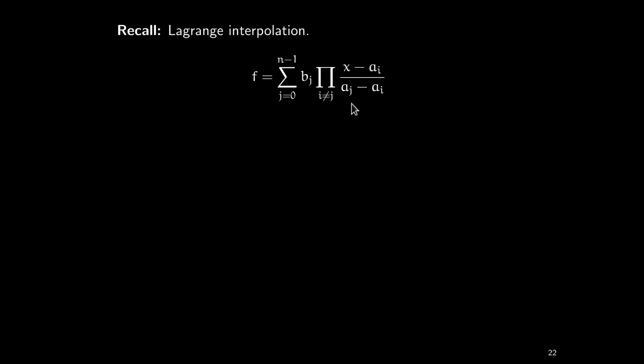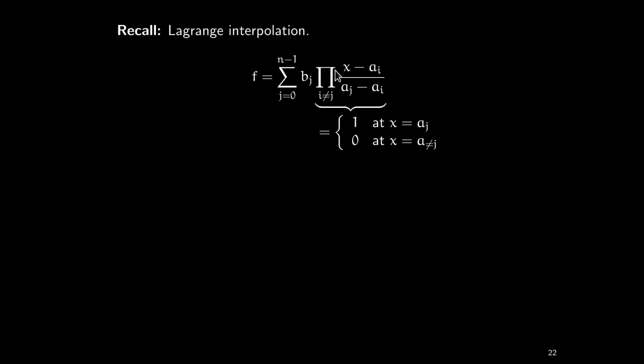So this polynomial here is designed in such a way that it is 1 when x is equal to a_j, because then you have just on the top the same as on the bottom. And it is 0 at all the other a's, because there you have one factor in this product where you have a_i minus a_i. So here the product runs over all i, and j is the outer summation variable.